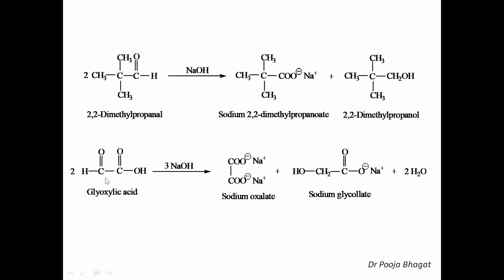So this aldehyde on oxidation gives acid. So one COOH is already there, one acidic part is already there. This also gives acid. So two COOH. So this is oxalic acid. And in basic medium, oxalic acid exists as COO negative Na positive and COO negative Na positive, that is sodium oxalate. So this is the oxidation.